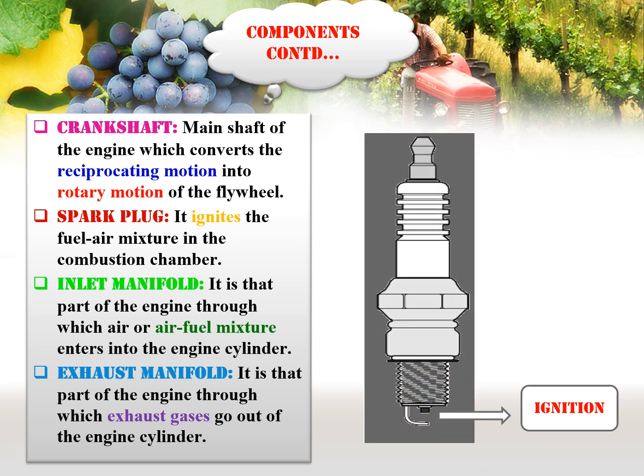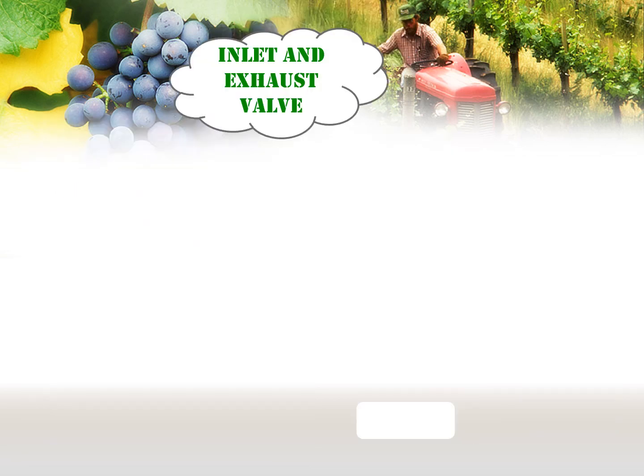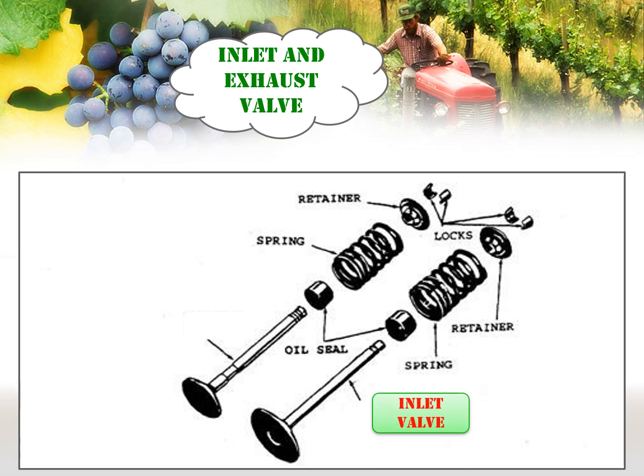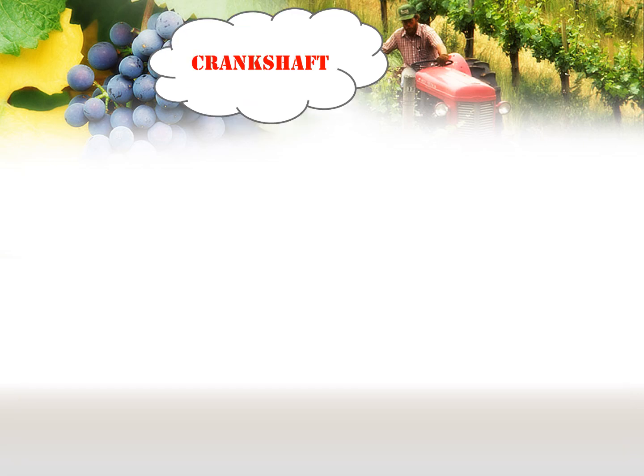It is the picture of spark plug for ignition purposes. It is the picture of inlet and exhaust valve. The inlet valve admits air-fuel mixture into the cylinder and the exhaust valve expels exhaust gases from the cylinder.